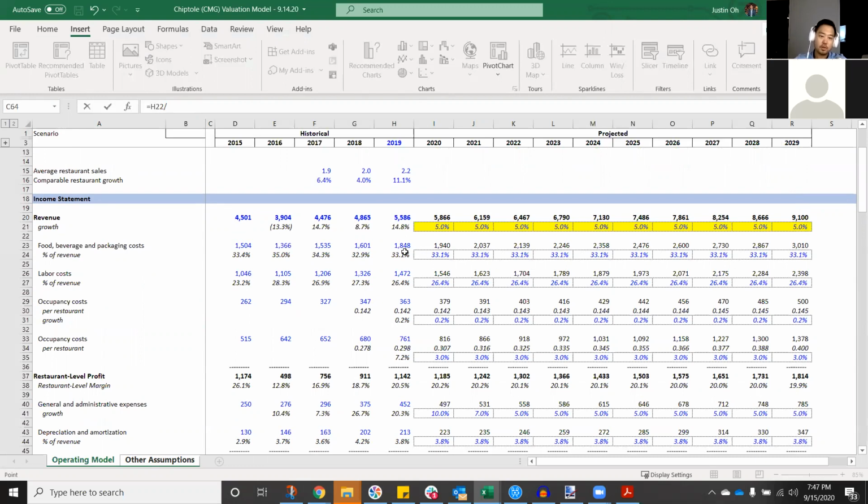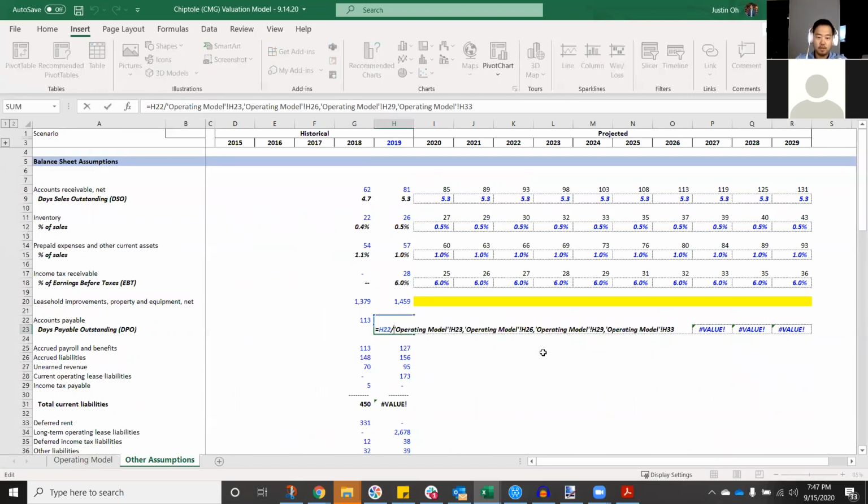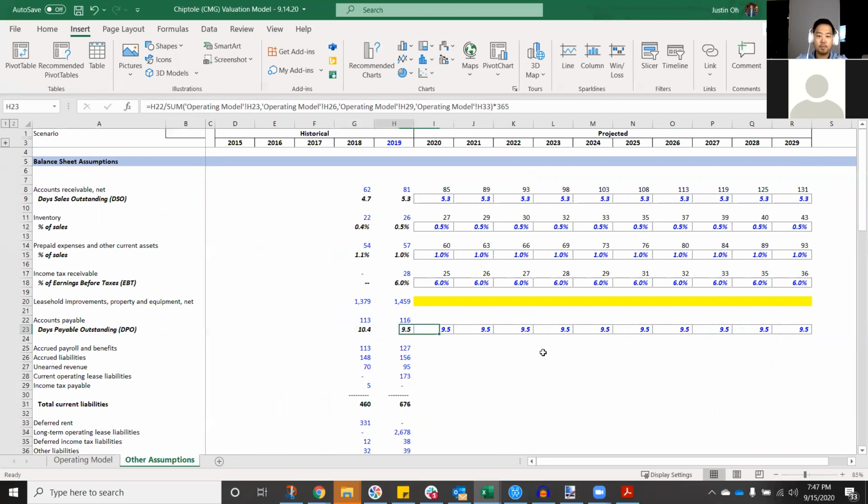So what I'm going to do is just lump in all these restaurant level costs. So obviously I need to sum these, and then times 365. So it takes them an average of, if I'm reading this right, like 10 days to pay their vendors. And it takes them 5 days to receive the cash once they sell a burrito.